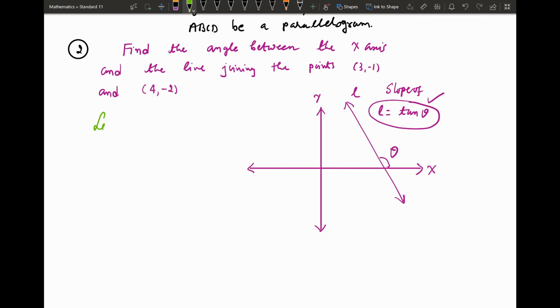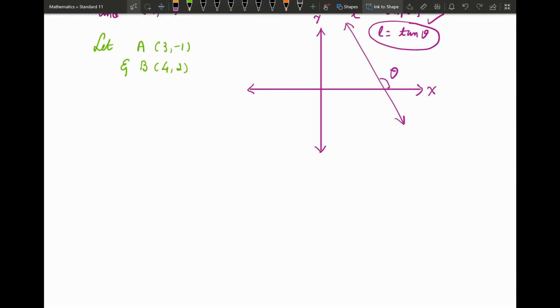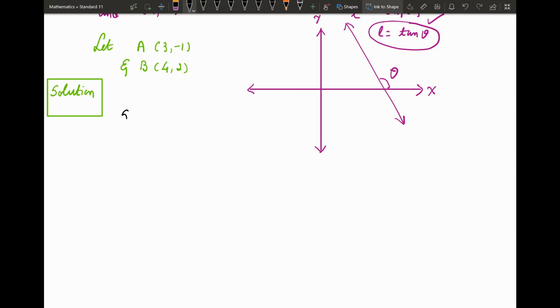So once we get the slope of the line, let us call these two vertices A (3, -1) and B (4, -2). Now we will find the slope of line segment AB.